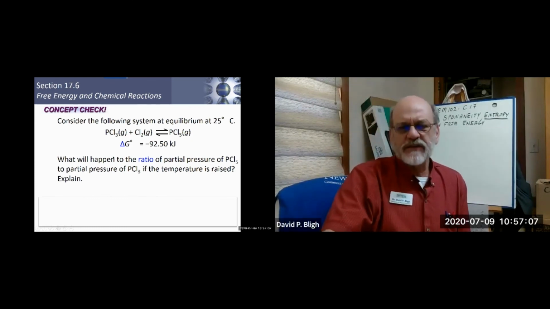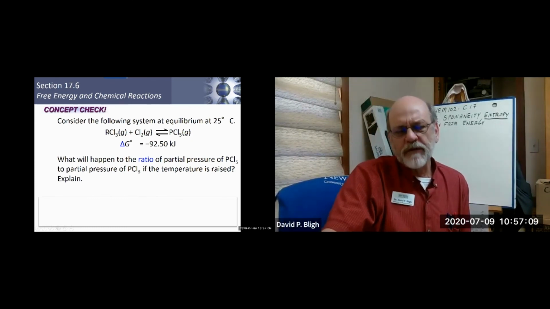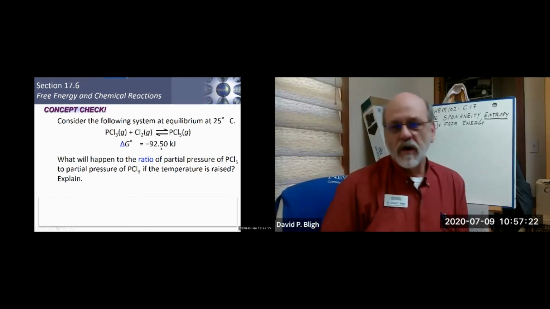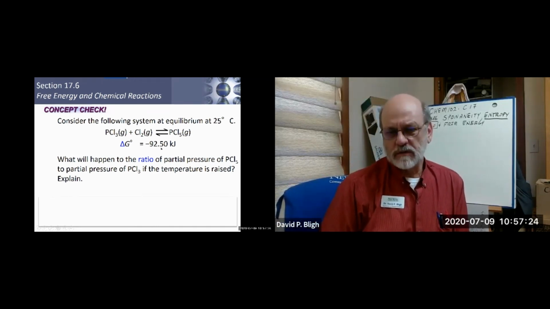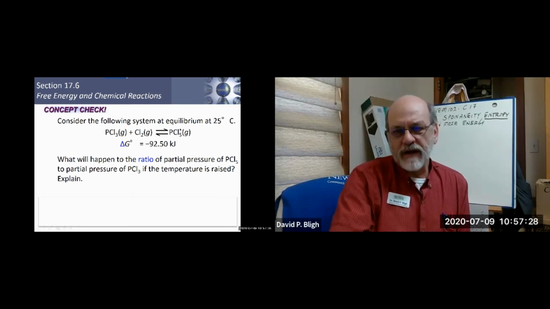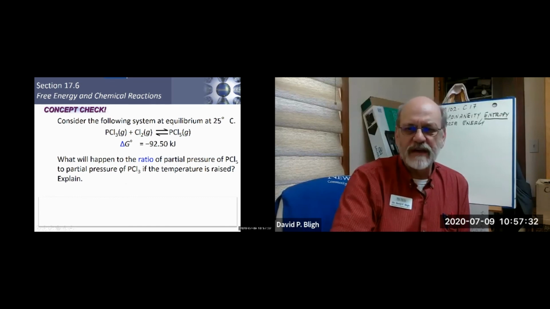So here we got a system of phosphorus trichloride plus chlorine gas yields phosphorus pentachloride. And the delta G is this much free energy, kilojoules, for that reaction. What happens to the ratio of the partial pressures of PCl5, the ratio of partial pressure on this side to the partial pressure on this side, if the temperature is raised?